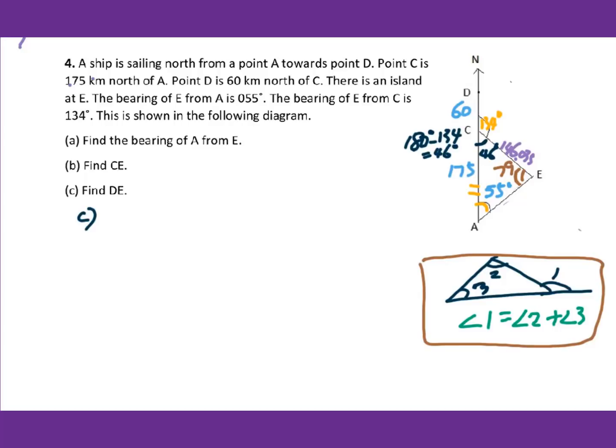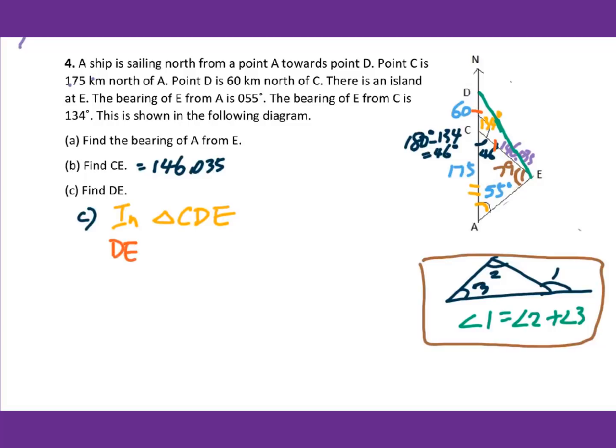For C, find the DE. We label CE, that is 146.035 kilometers. We want to find the DE. We connect DE first. In triangle CDE, we are given SAS. We're looking for the remaining side, therefore we have to use the cosine law.